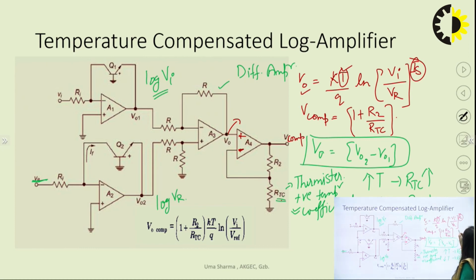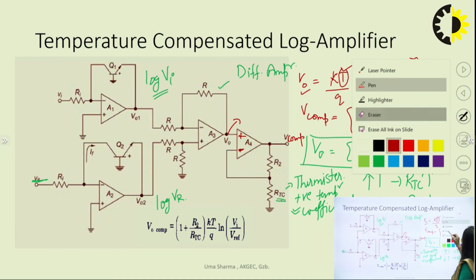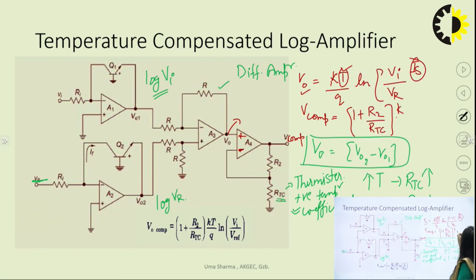Just write this expression, which equals KT by Q, ln Vi by VR. Here you can see that if there is an increase in temperature, KT by Q will increase.